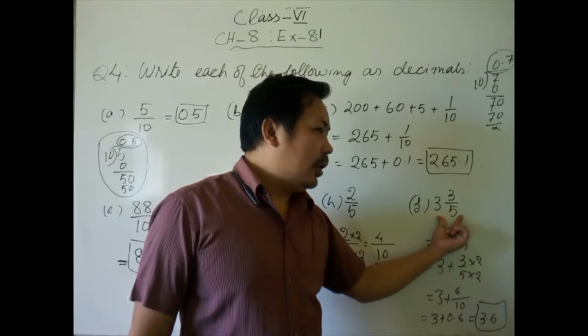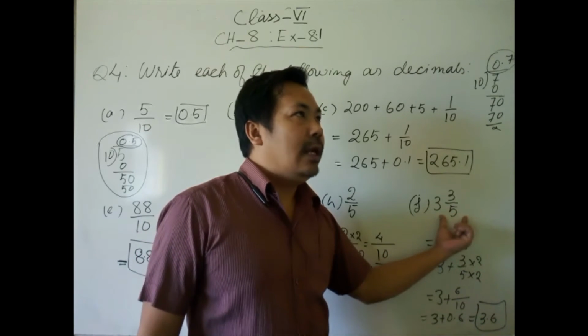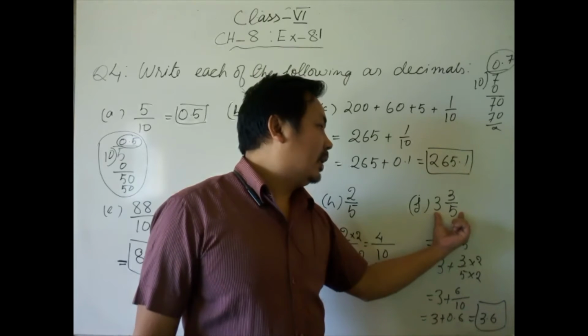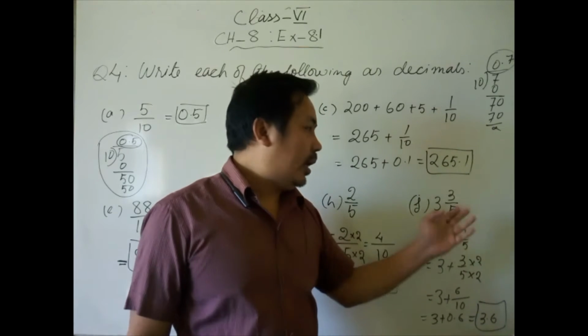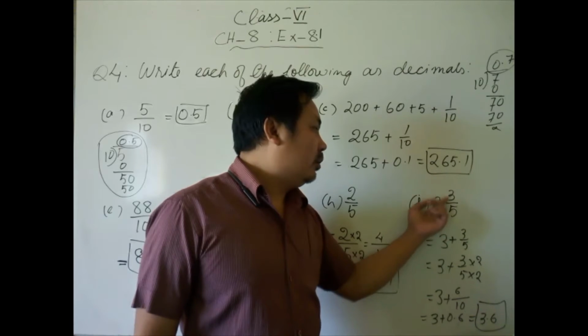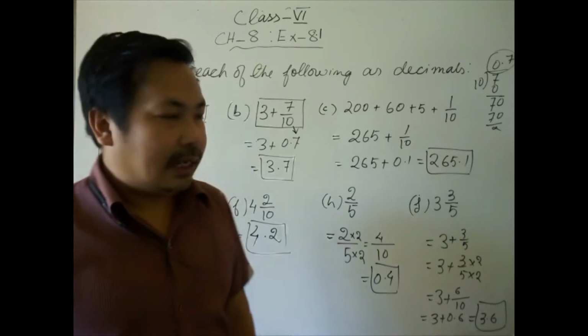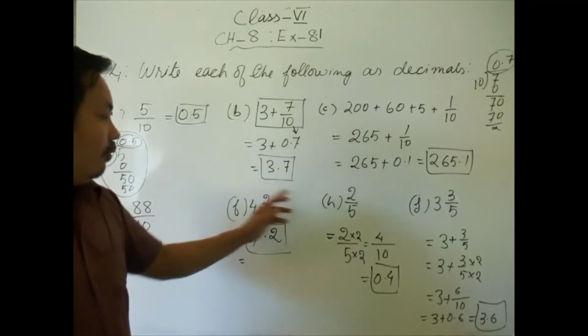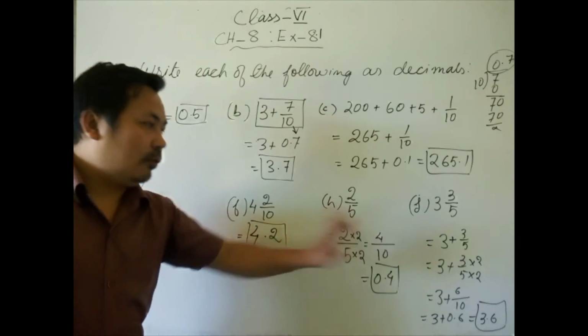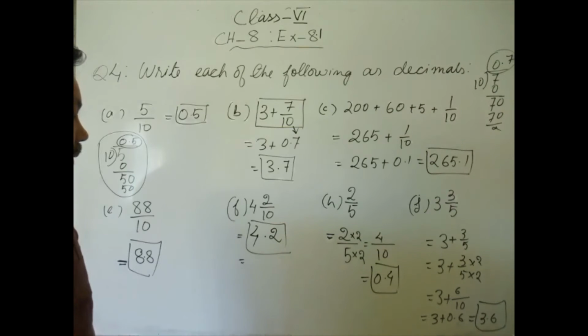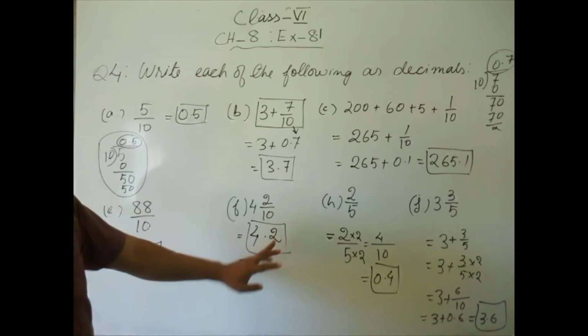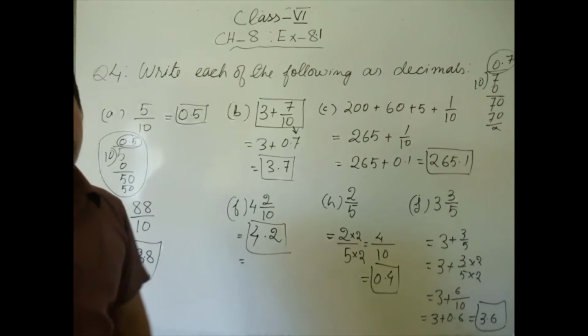The point whose value is 3 by 5 will be the decimal 3.6. Okay, like this. Number line also you can do for 2 by 5, for 0.4. Yes, okay. 4 and 2 by 10 is 4.2. For the number line also we can do, isn't it?